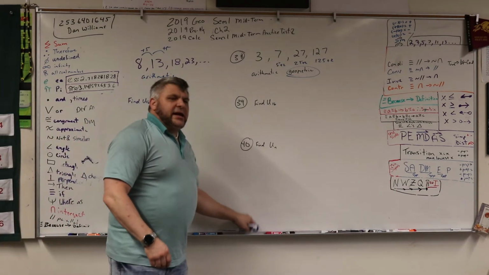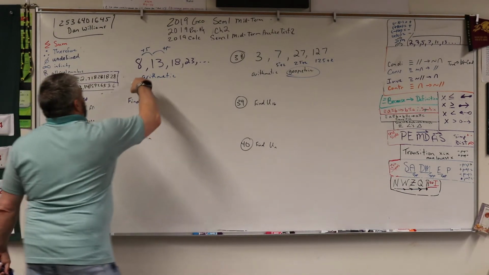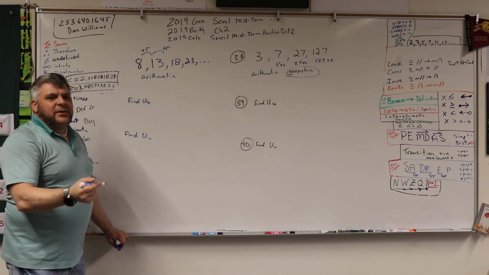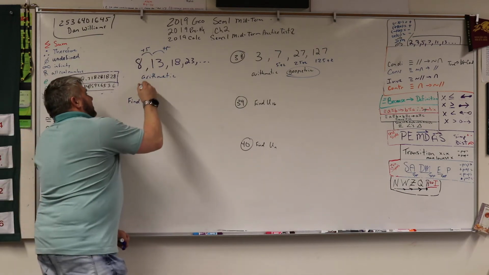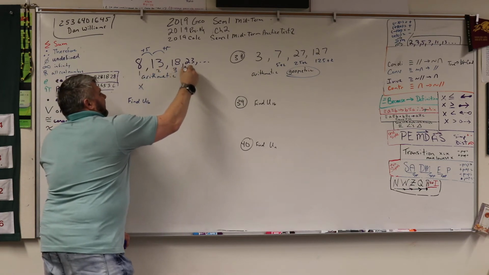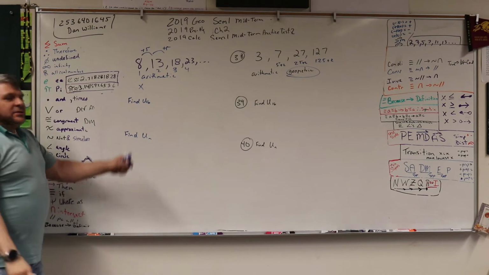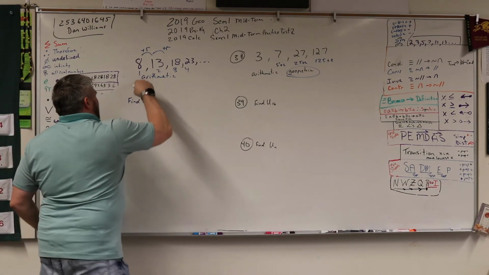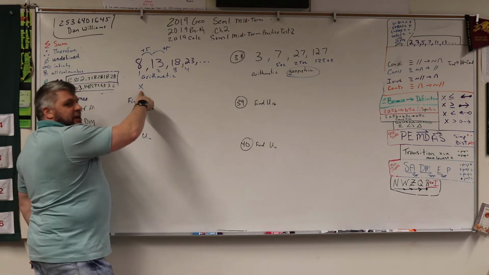I kind of go, hey, if this one's x, how do I get to the next one? I add 5, right? And so x is the number I'm plugging in. So this is 1, 2, 3, 4, and so forth, right? So this is our first term, right? So when I plug in a 1 for x, right?